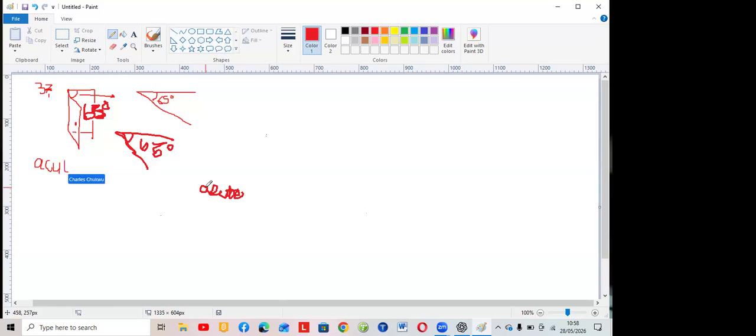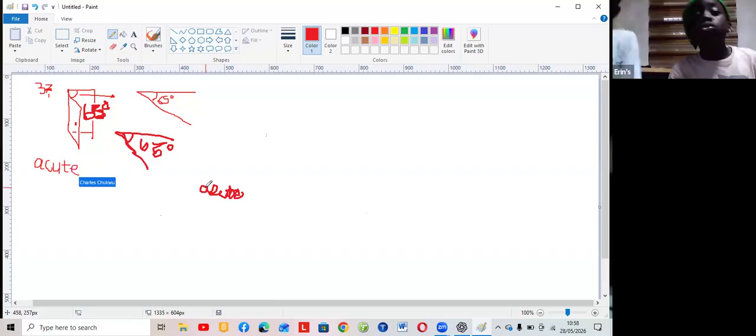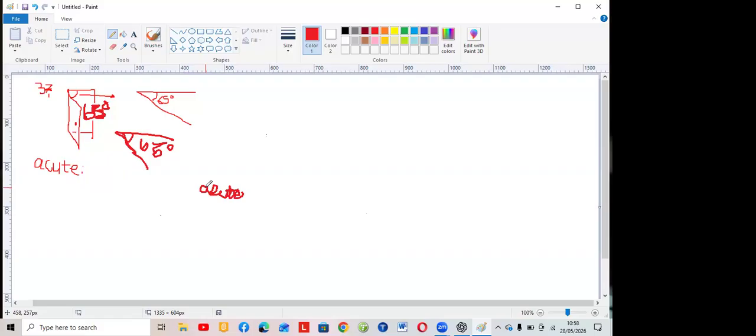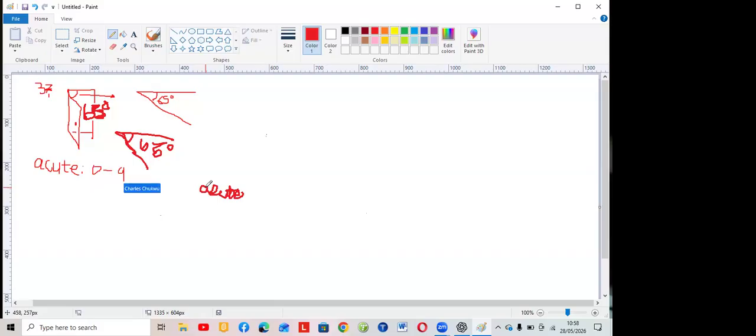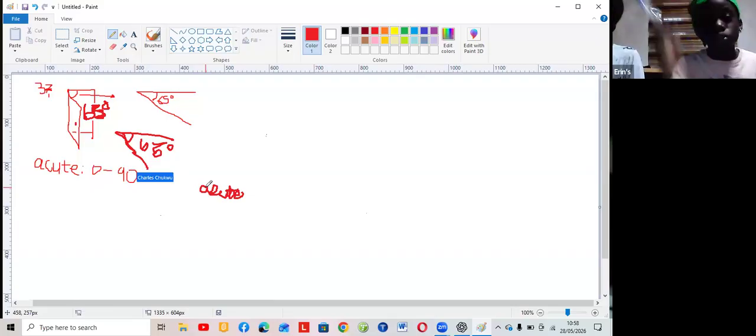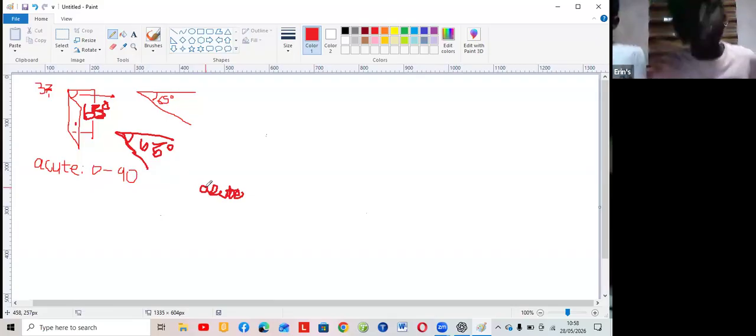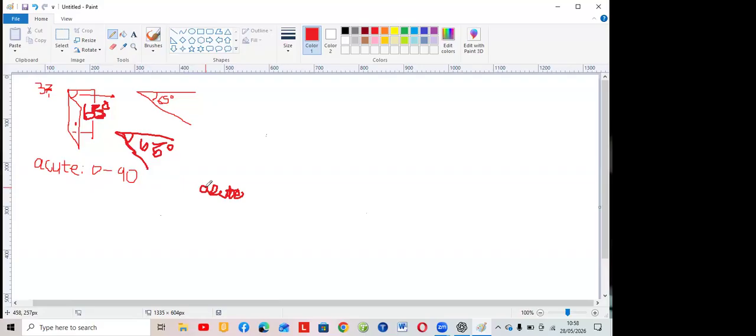Okay, now let's see if you remember. What is the qualification for an angle to be called acute? 0 to 90 degrees is acute. 90 to 180 is obtuse. 180 to 360 is reflex angle.